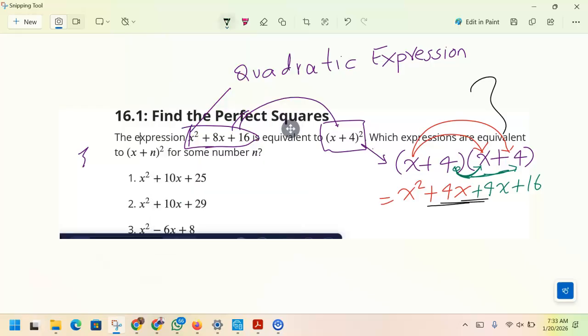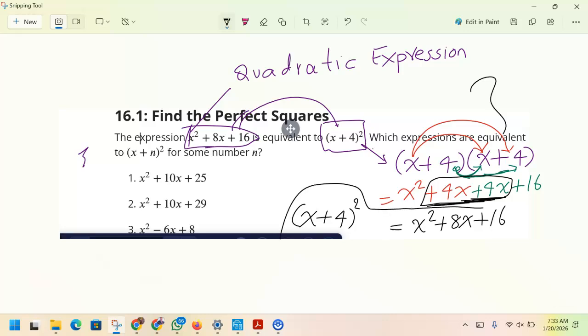And you combine the like terms, these two pieces. The first piece is x squared, but the second and third pieces we can combine: 4x plus 4x is 8x, and the last is 16. Now look at this. You started with x plus 4, the whole square, and ended with this whole expression.